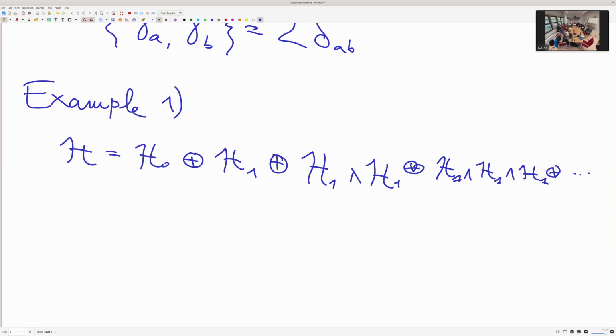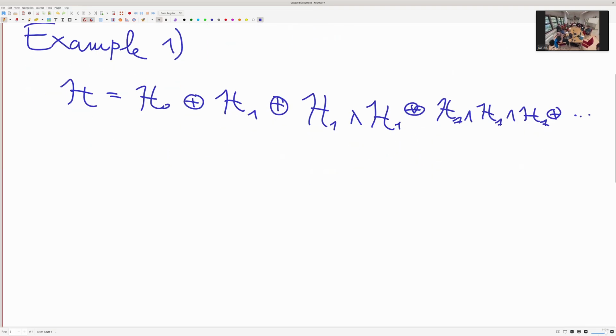And then I showed that if you consider this Hilbert space, you can define certain operators. For example, I introduced this operator a_k, which acts on certain wave functions that have, for example, n particles, and this will create an n-1 particle wave function.